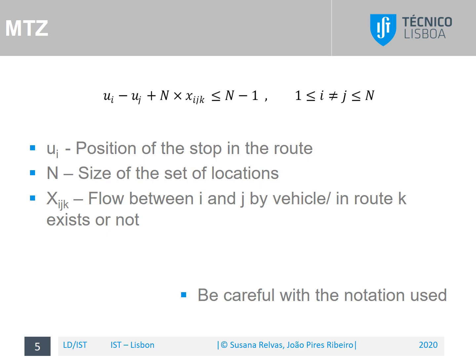That means if the client is the first, second, or third stop. n is the size of the set of locations, and x_ij represents the binary variable related to the flow occurring or not. And you must not forget how you are going to write this in GAMS, and you must follow through with the notation that you used.